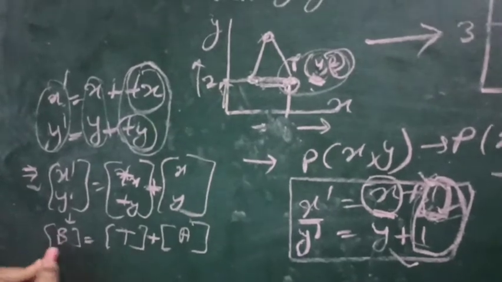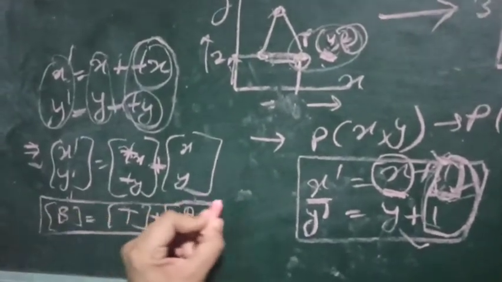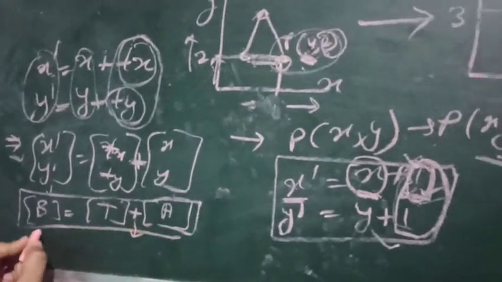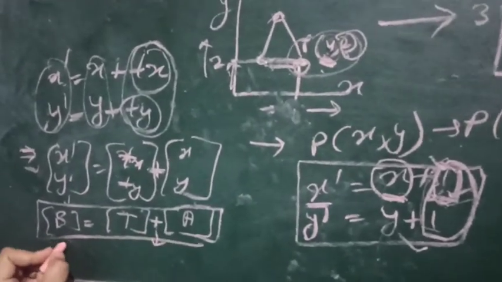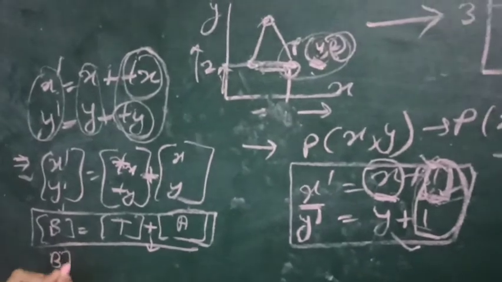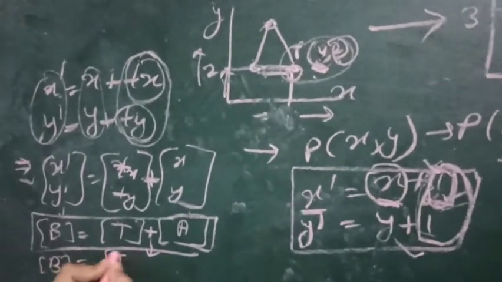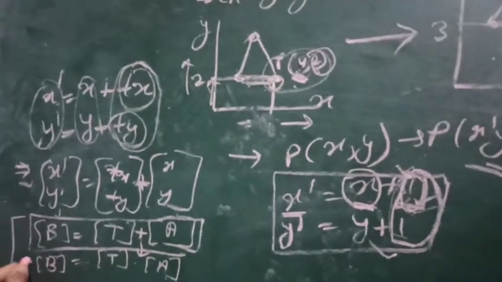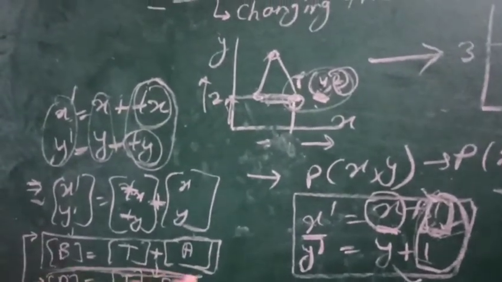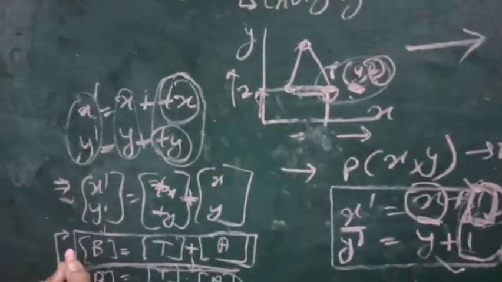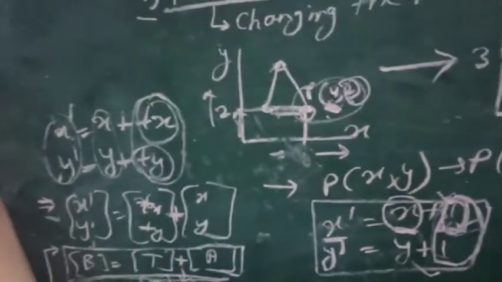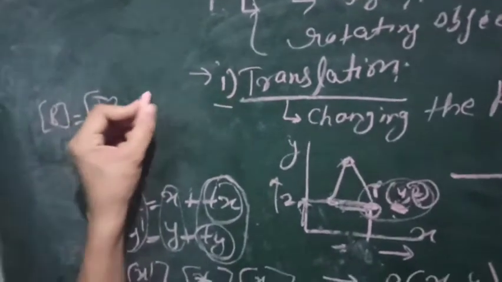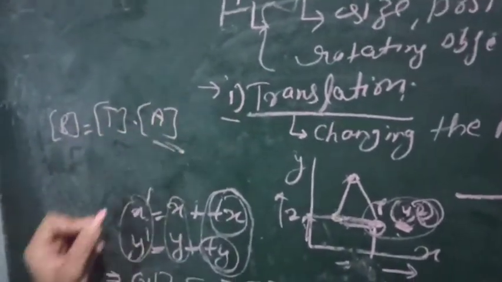This form looks very familiar, like the form which we have studied so far: b equal to t into a. This is the standard matrix transformation form. We have already studied the standard matrix transformation form: b equal to t into a.